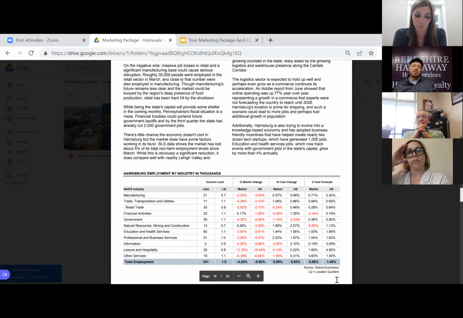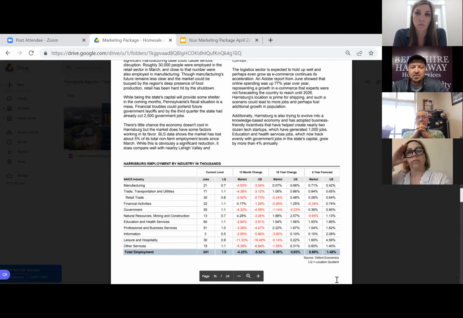And that's how they determine if a market is underperforming or overperforming based upon the amount of business data and activity reported from each type of business. So based upon that information, it looks like trade, transportation, and utilities 71, and the lowest is information technology, and education and health services 60. So I don't know if that holds true, but that's kind of how we look at the employment industry data together.